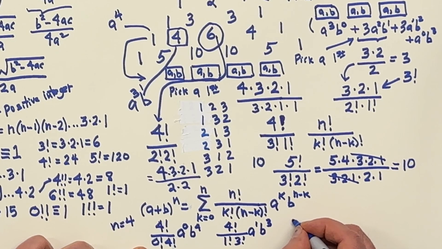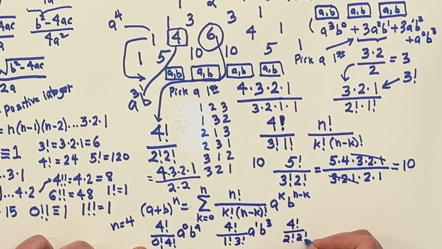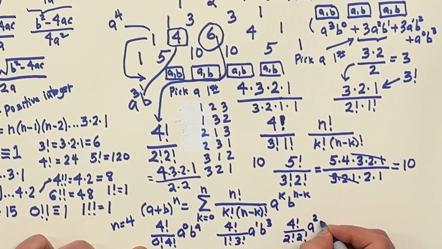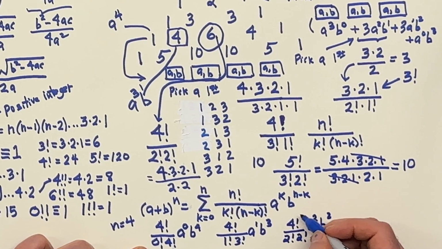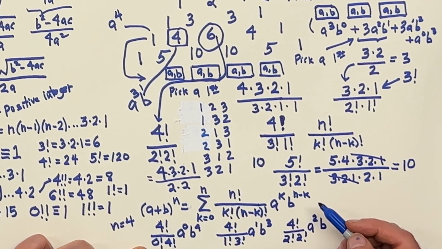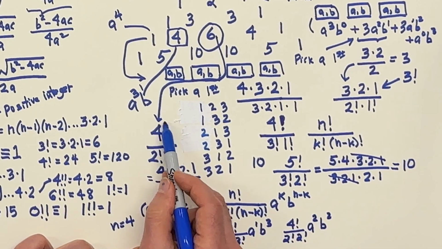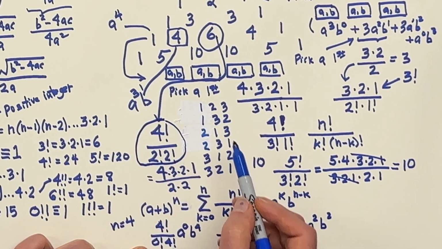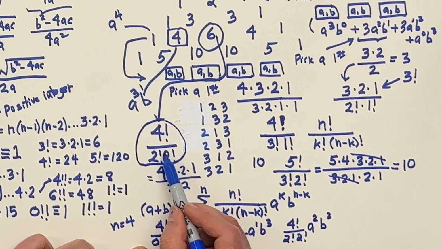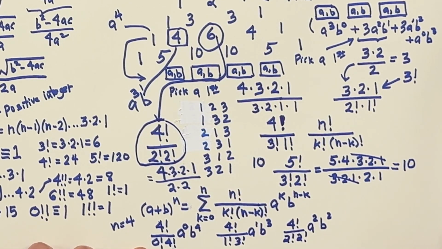And then if you have 4 factorial with, say, you keep increasing the apples and decreasing the bananas, like this, that would be 2 of each. We already worked this out. This is what we got earlier when we looked at the 2, 2, right here. And that gave us 6. So this checks out very nicely.